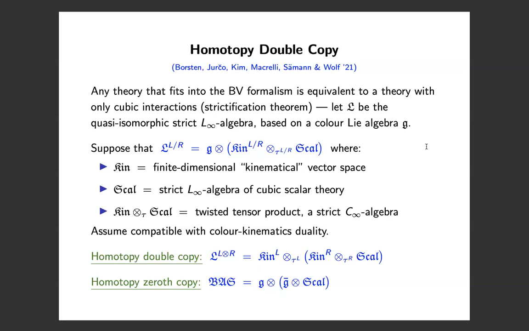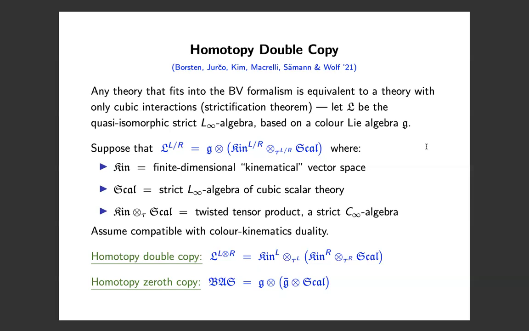And a strict L-infinity algebra just means a differential graded Lie algebra. So if you don't know what an L-infinity algebra is, just think differential graded Lie algebra, which I'll mention on the next slide. But this is the general situation.